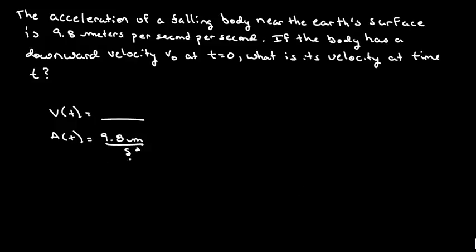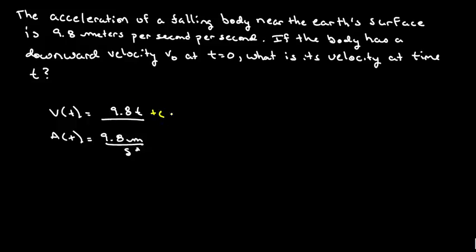And so this right here is the derivative of velocity. So going backward, we get 9.8 t for the velocity, plus some constant that we don't know what it is. Okay?